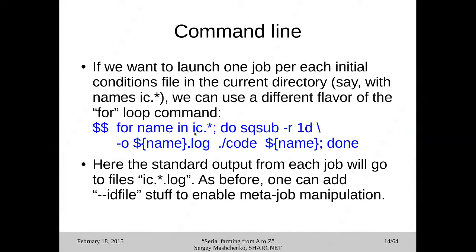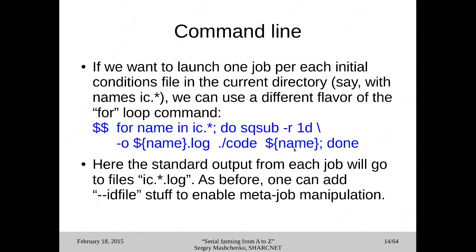But this is the way to submit one job per initial condition file you have if these files are not properly numbered. So inside your loop, each iteration will now have a $name. This is the variable whose value is the name of your initial condition file for this particular iteration. So you can use that file name to create a unique log output file name and provide it to the -o sqsub argument.